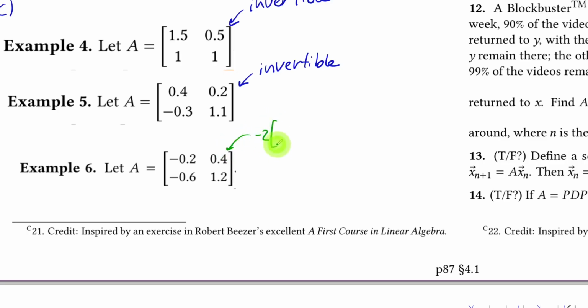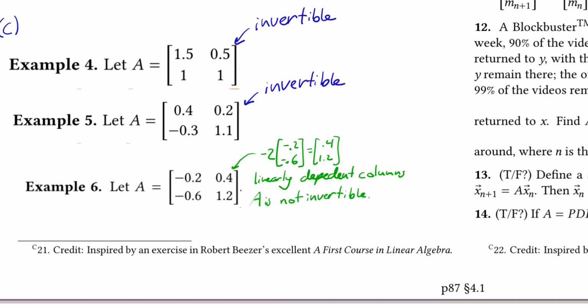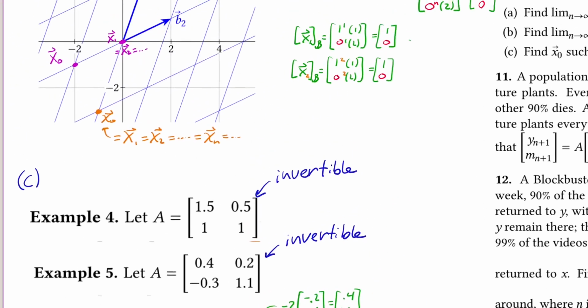If you do negative 2 times the negative 0.2, negative 0.6 column, you'll get the 0.4, 1.2 column. So that means they're linearly dependent columns, and A is not invertible.